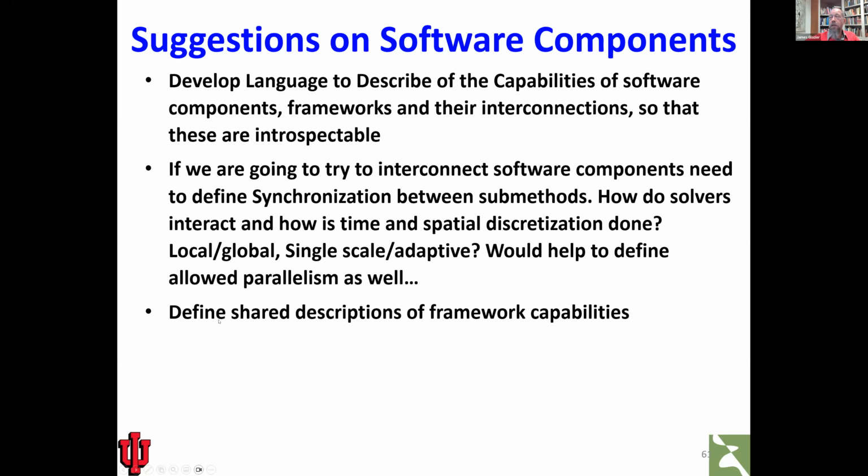TJ has already talked, and I really deleted all the slides on software components. But something that I think we could think about would be more contract-based approaches, which is, I have to say, a term that I didn't know until I was at a conference in Colorado a few weeks ago, where all of our software modules include a description of what their capabilities are and how they interconnect.